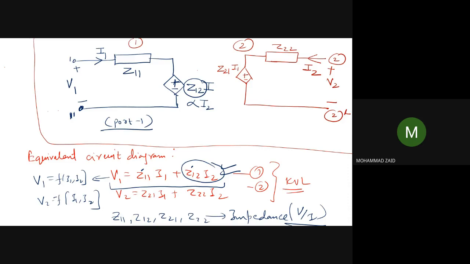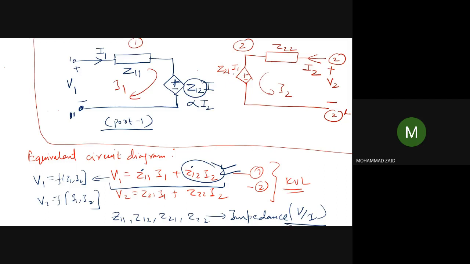We have written our network in terms of impedance parameters, or Z parameters. And if you see, both these circuits are connected. It's not that they are isolated circuits, but they are connected. Why? Because the current I2 is flowing in this circuit and the current I1 is flowing in this circuit.